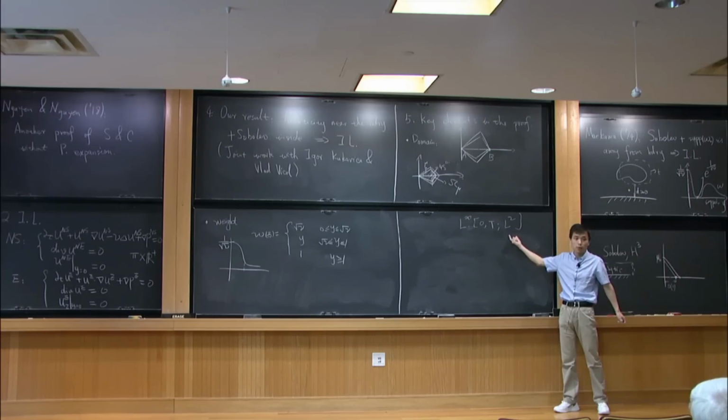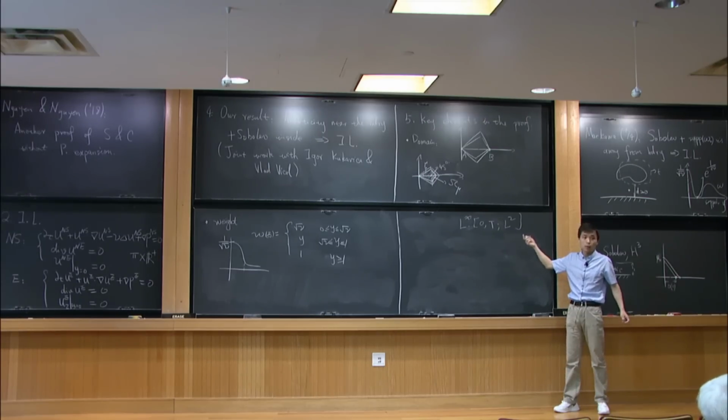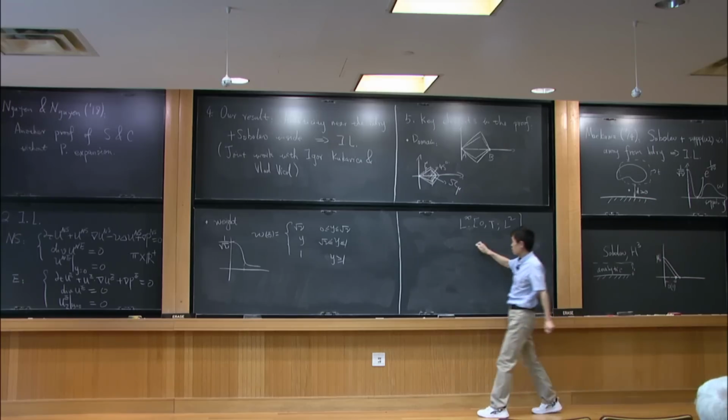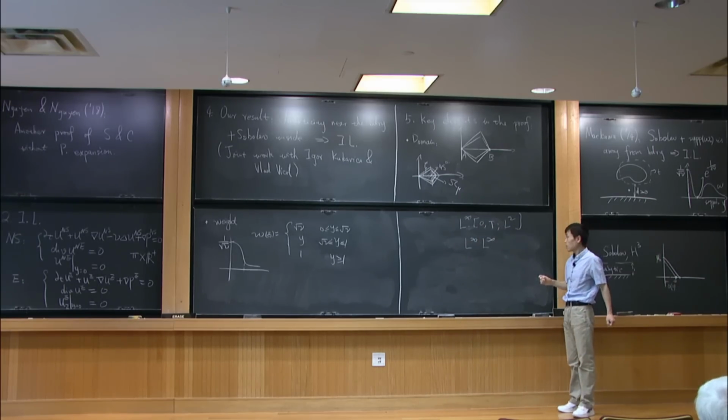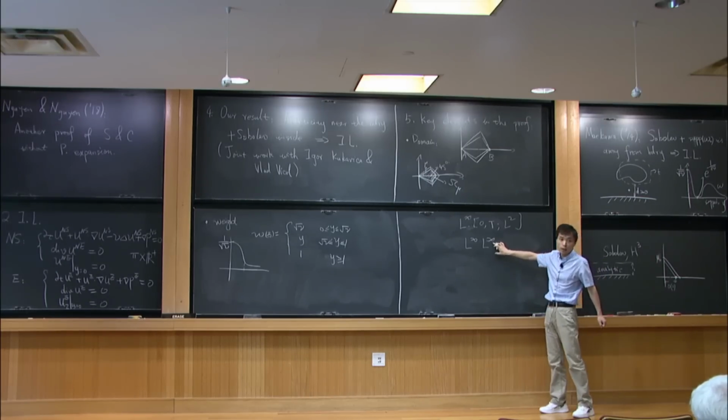Of course you can. L2 is a natural one, but you can even consider L infinity. I would guess it's not easy to get. To do this, I think you cannot avoid the boundary corrector anymore.